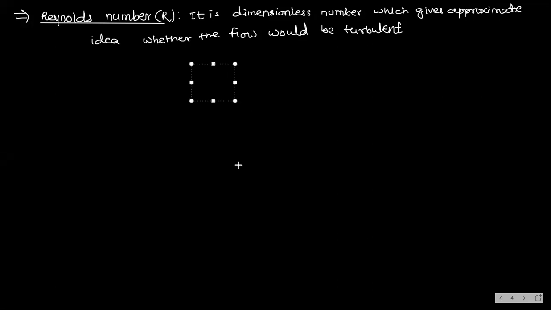On the last page we have seen the Pc formula, the critical velocity formula. In that, Pc is equal to R into eta by rho d.